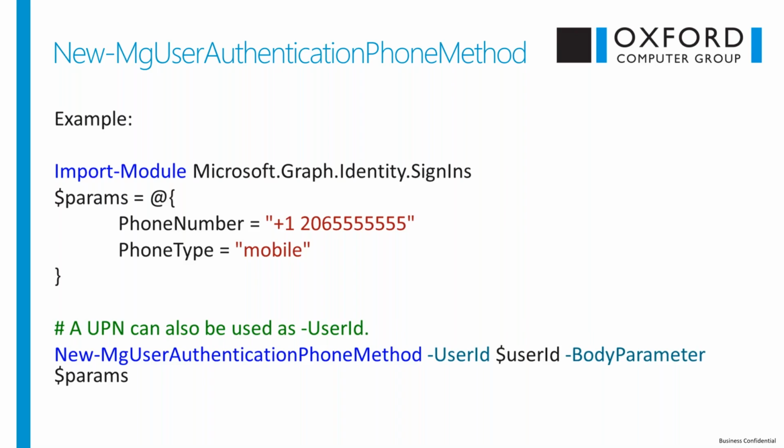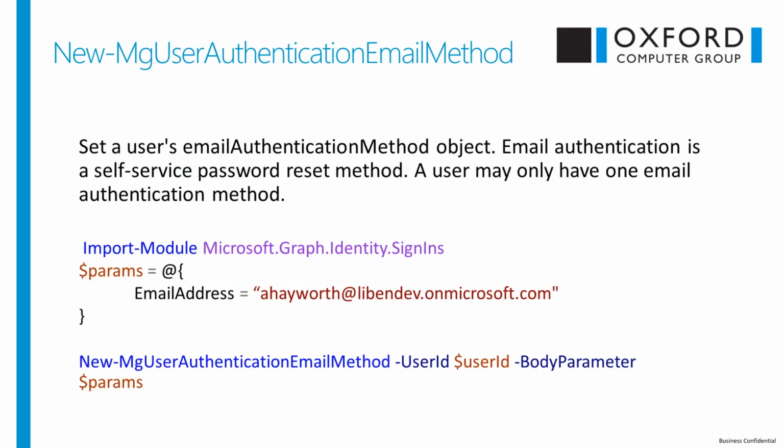Note that there is no add method, it's New. If there was an authentication phone method previously registered, then we would get an error. So we'd have to do an update, or you can even do a delete and then add, which is sometimes useful.